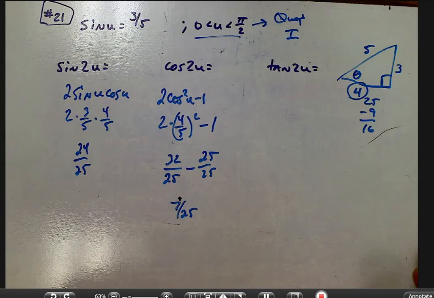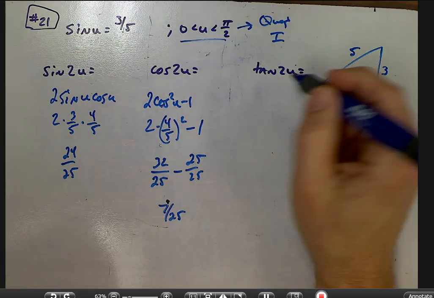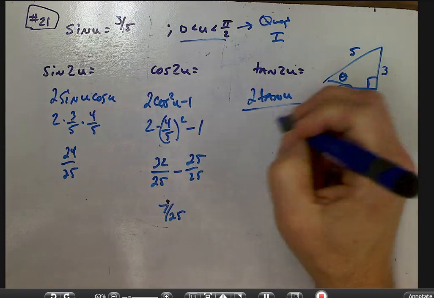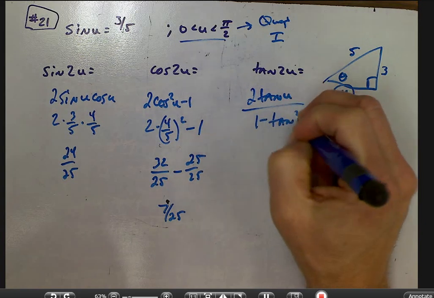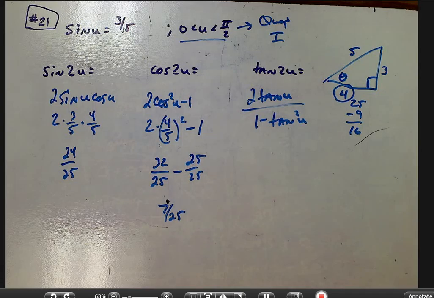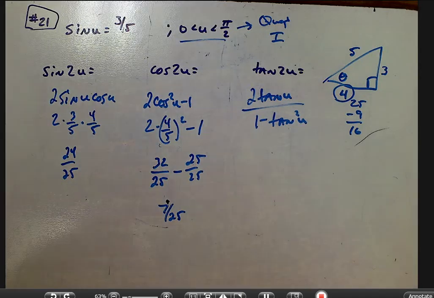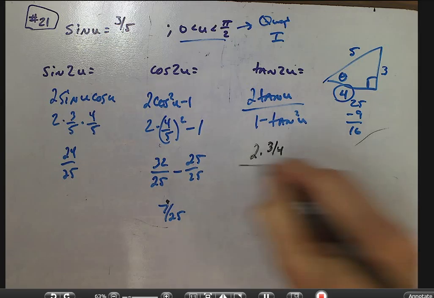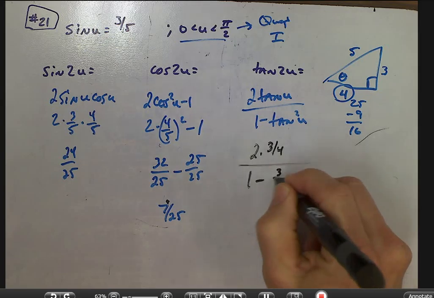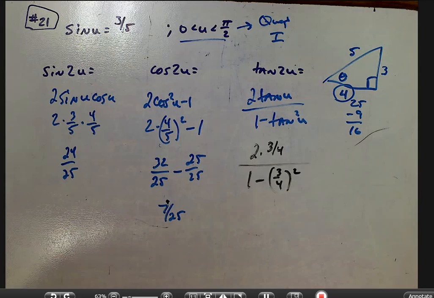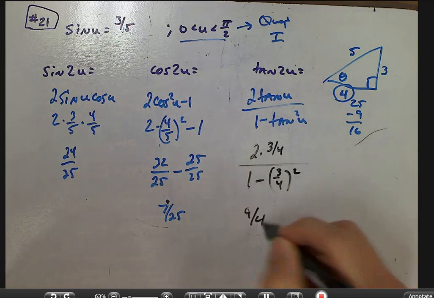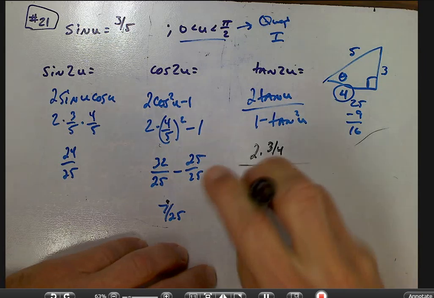For the tangent of 2u, I'm going to use 2 tangent of u over 1 minus tangent squared of u. Tangent is going to be 3/4, so 2 times 3/4 over 1 minus 3/4 squared. 2 times 3 is 6. So 6 over 4.